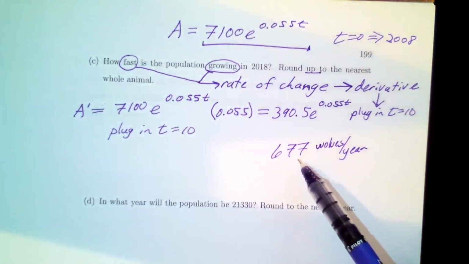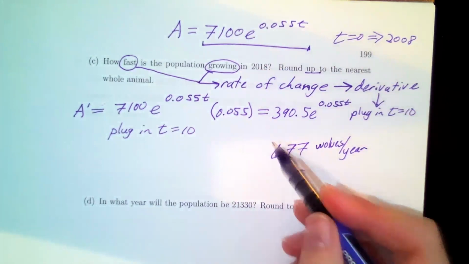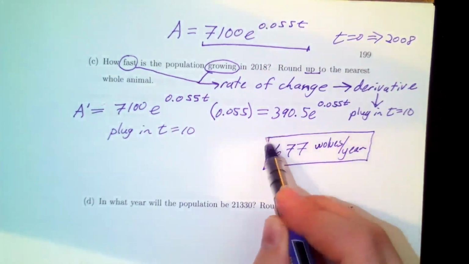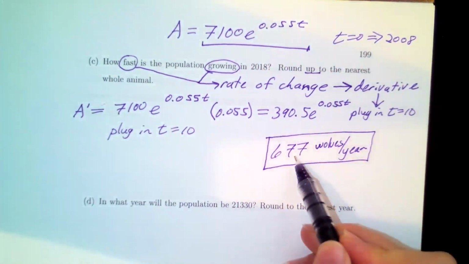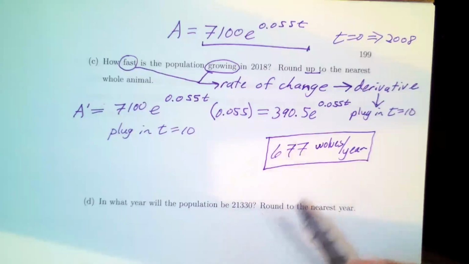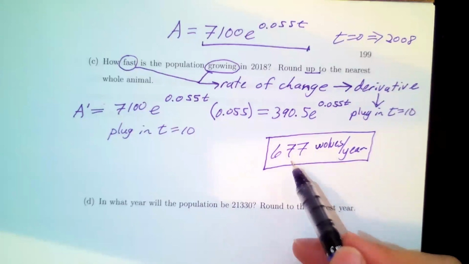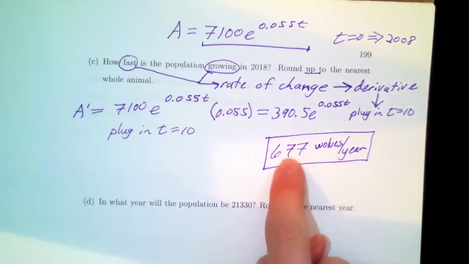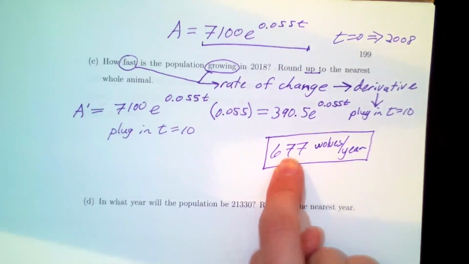So you might think that to be the wolf pups that were added for that year. And so this is how fast the population was changing. This was how much was added that particular year. Any year subsequent to that, that could change as wolves grow up and have their own pups and such. So that is to say that this isn't going to be constant year to year. That can fluctuate. But in the year 2018, that was the rate of change. 677 wolves per year were added at that time.